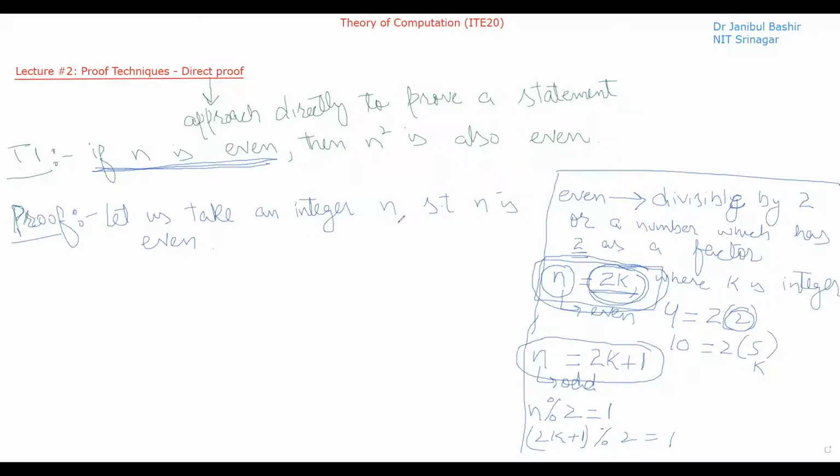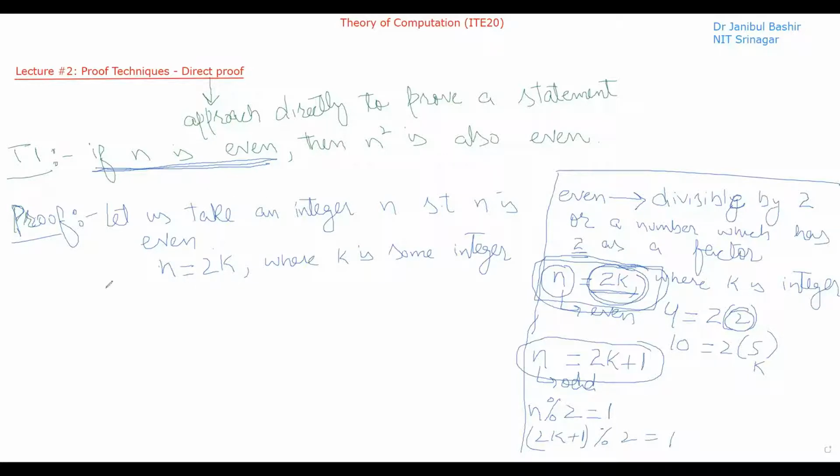Since n is even, n can be written as 2 into k, where k is some integer, because we know that every even number can be represented in this particular format.